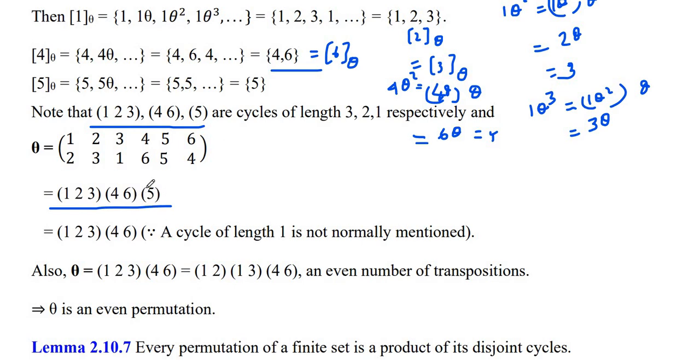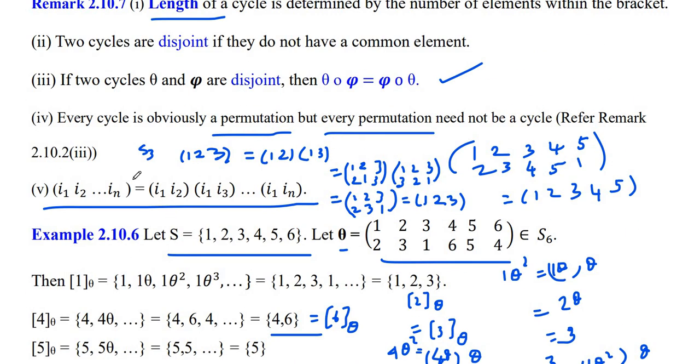Usually, even though we have a cycle of length 1, a cycle of length 1 is not normally mentioned. So you have this θ to be (1 2 3)(4 6). This again we can write as (1 2)(1 3)(4 6), as explained in one of the remarks; we can always write this in this way.